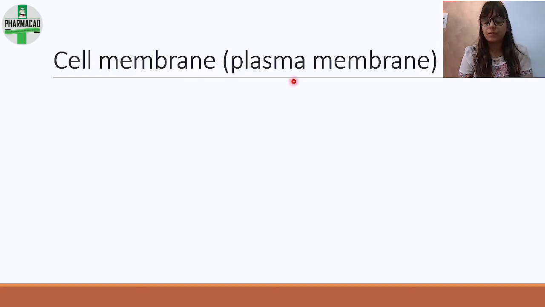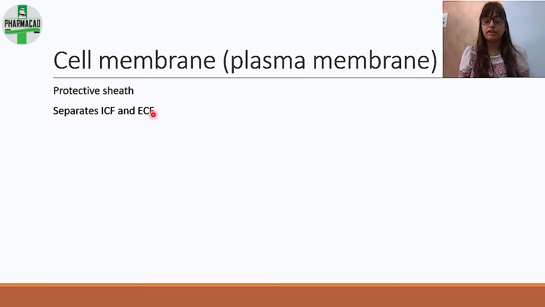First one is cell membrane, also known as plasma membrane. It is the protective sheath and it separates ICF and ECF. What is ICF? ICF is intracellular fluid. Similarly, what is ECF? It is extracellular fluid, whatever is outside the cells.